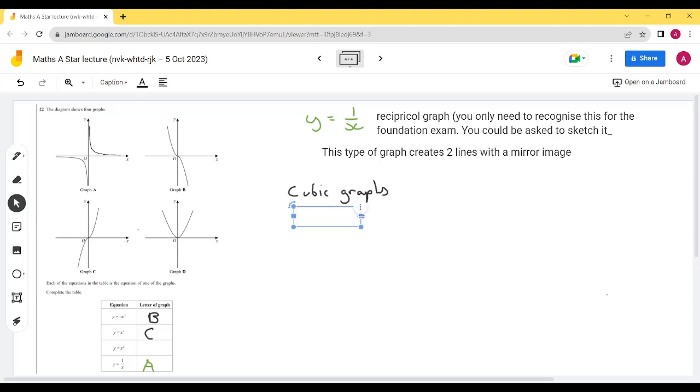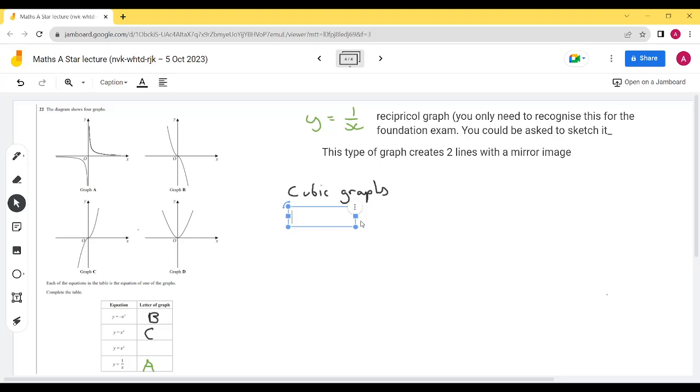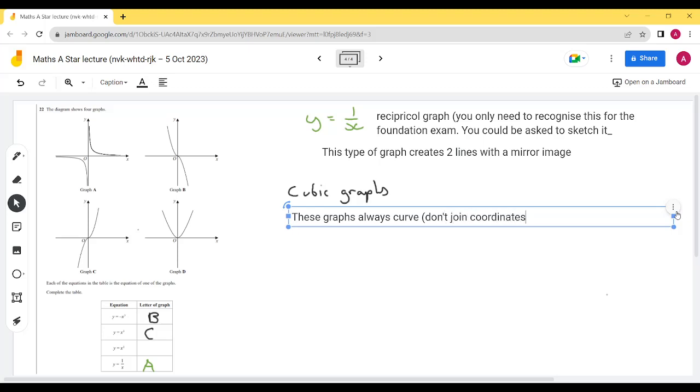The cubic graphs are ones with x cubed, but these graphs always curve. You never draw straight lines, so don't join coordinates with straight lines.